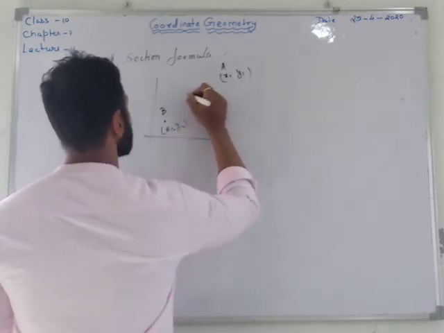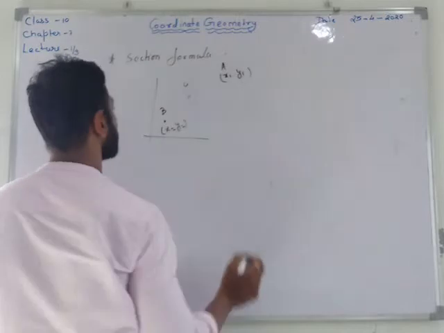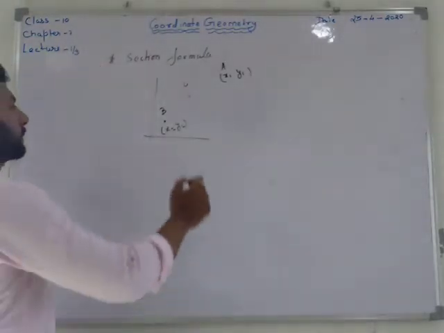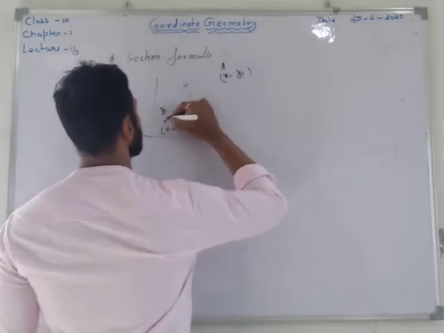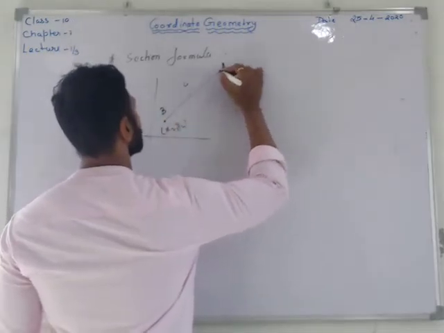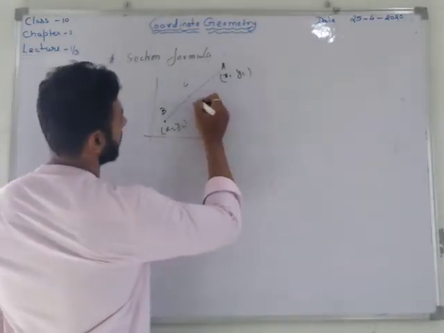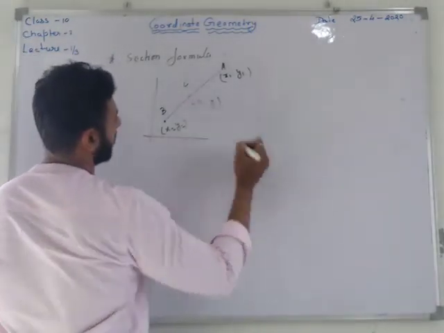One more point C is in between these two points, and its coordinates are x comma y.